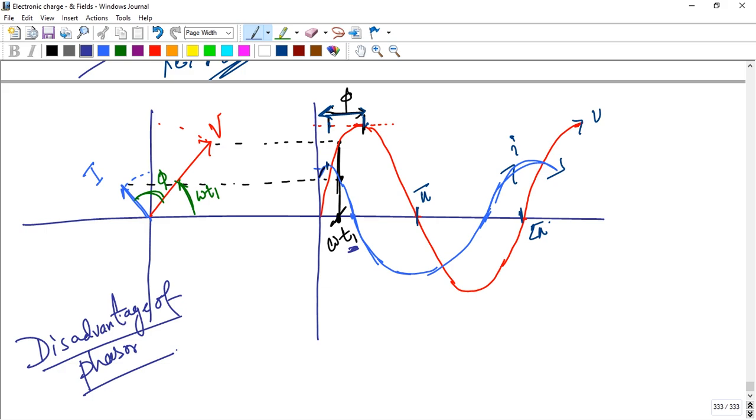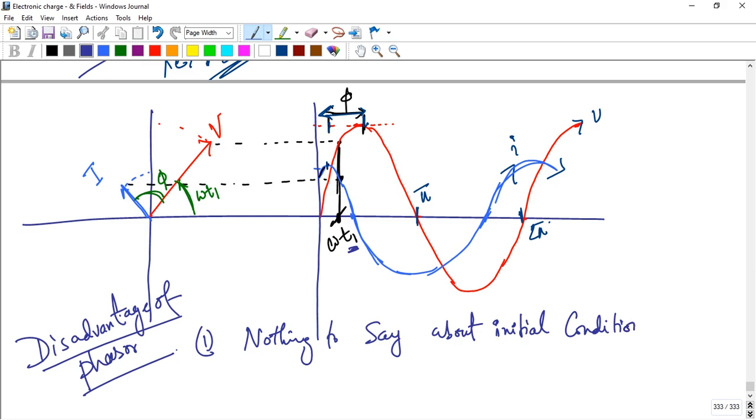So the first disadvantage is that it says nothing about the initial condition. That's the first demerit of phasor. That's why we choose an arbitrary t.